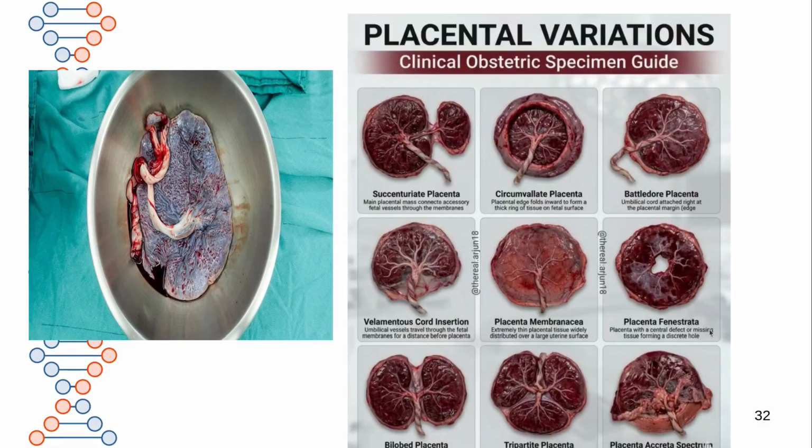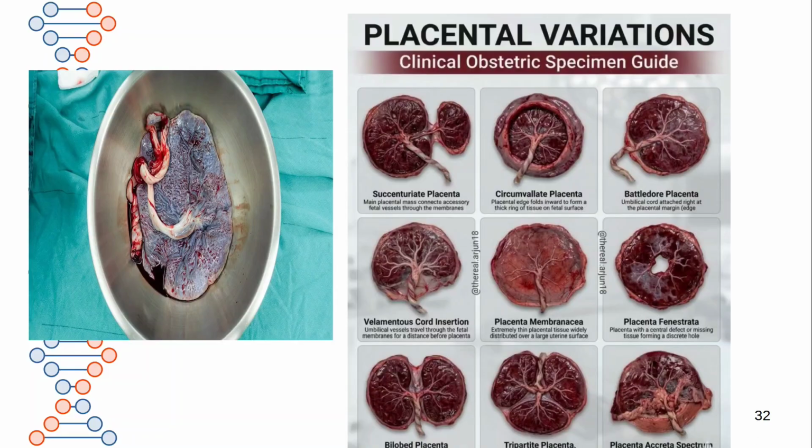Then placenta fenestrata. It is a placenta with a central defect or missing tissue forming a discrete hole. The tissue is not properly formed, and in the center you will observe a hole. Then bilobed placenta, like kidneys, two kidney-like shapes. The placenta is divided into two lobes. Tripartite placenta: the placenta is divided into three parts, and from the three parts the veins come together and the umbilical cord is formed.